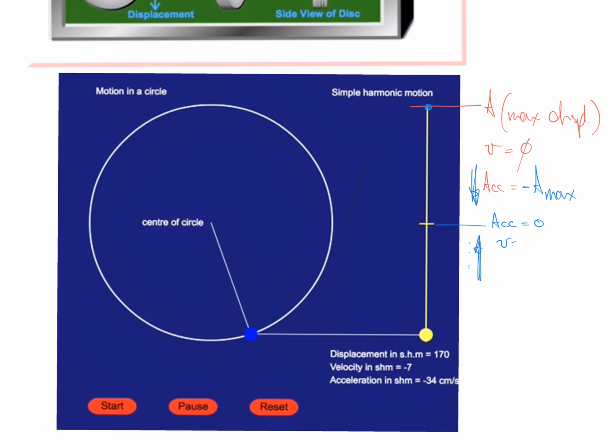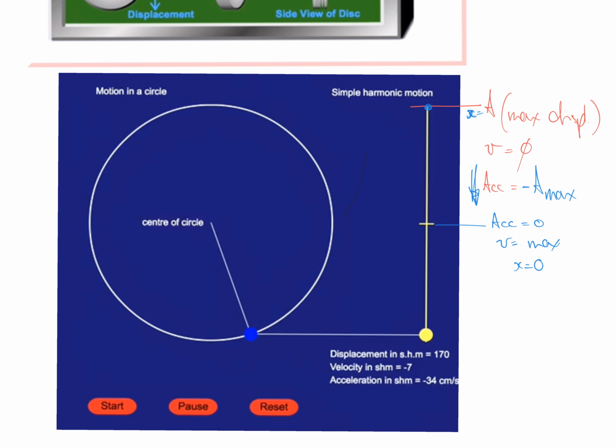The velocity is at a max in the middle, and the displacement x is, when x equals 0, that's a bit better. Sorry, I've been confusing that. So we have one condition when it's at its maximum point, when it's going through the middle, and of course the reverse of this when we're going through the other point.